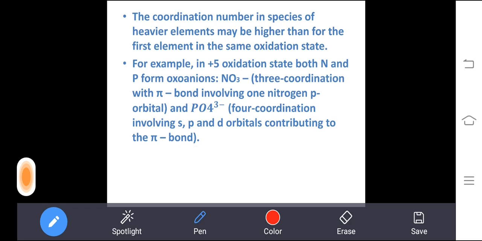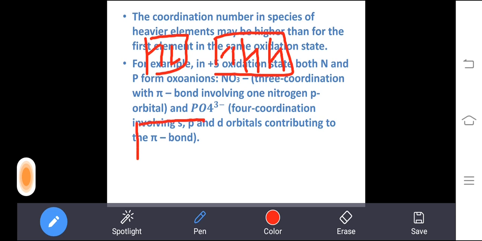So here, as we already know, nitrogen has atomic number 7, electronic configuration 1s2 2s2 2p3. So the outermost is 2s2 2p3, and here 3 oxygens are combining.